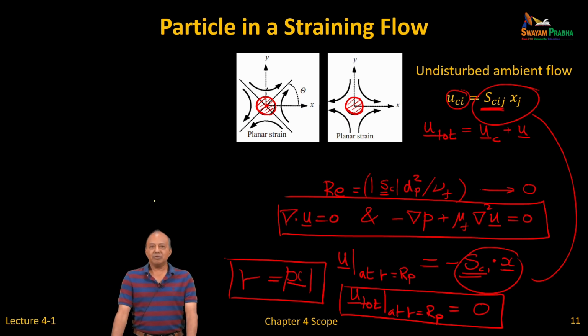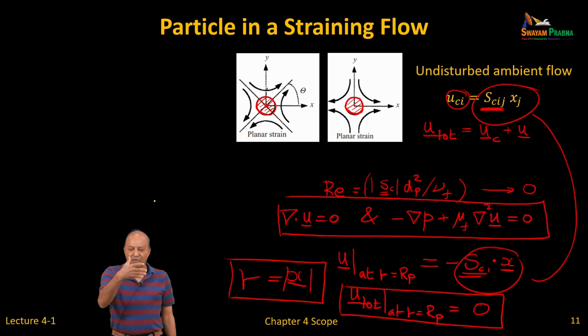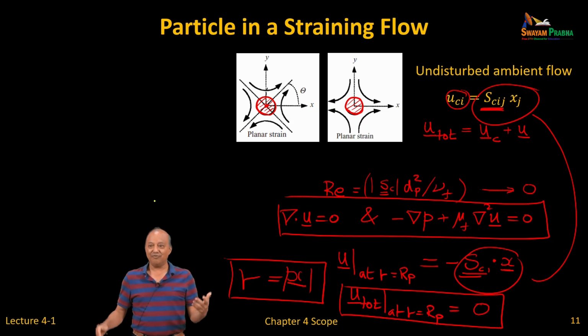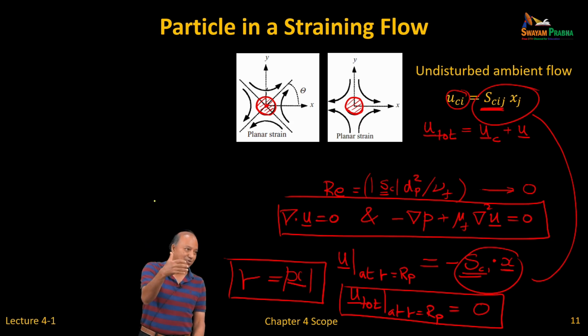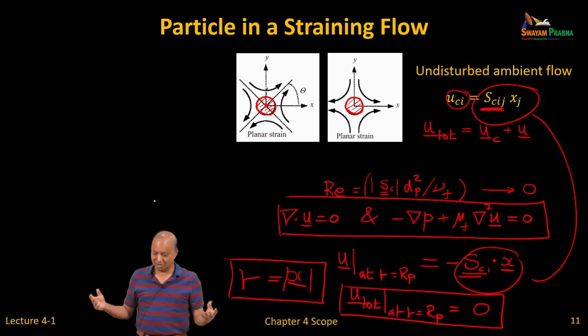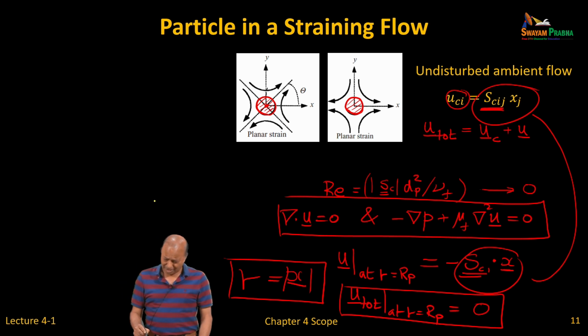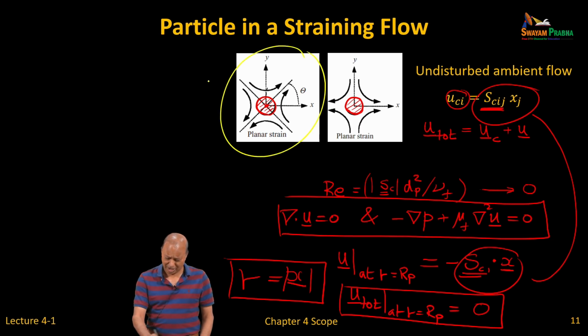Now, so we have covered a uniform flow going over a sphere and a rotational part. In the 0 Reynolds number limit, these solutions add. So if you have a flow with a uniform component and some rotation, you can simply add them. The other thing that you can talk about is what happens if you have a particle subjected to a straining flow like this.